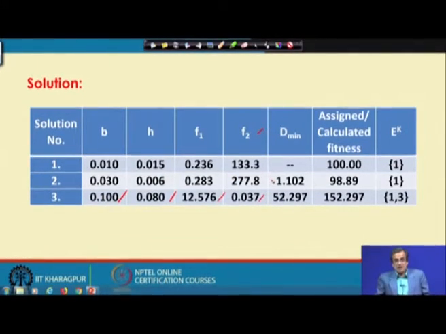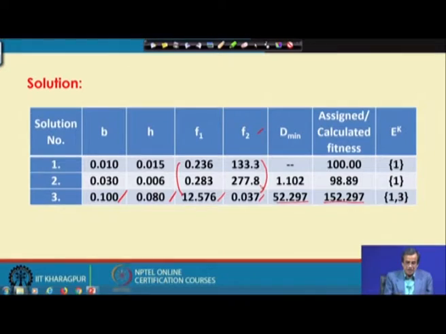Now, let us see how to decide whether the third solution will enter the elite set or not, and how to calculate the fitness and find the d minimum. To take that decision, I will have to concentrate on the non-dominated set. That means I will have to compare this value of f1 with this, and this value of f2 with this.